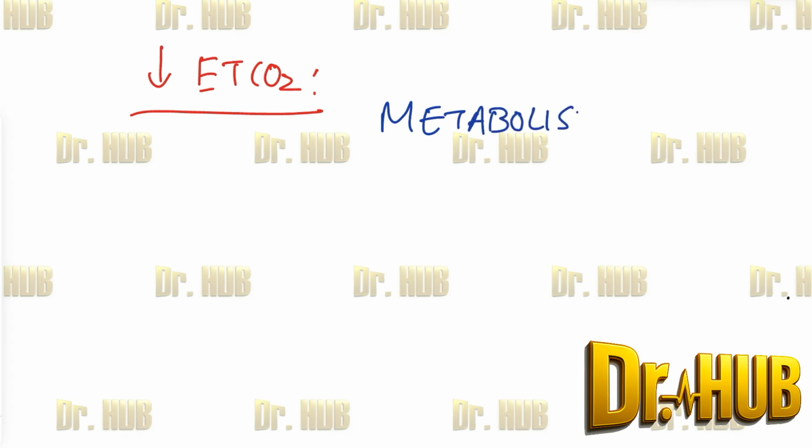Then we move on to the decrease in the ETCO2. What are the conditions where there is decrease in the ETCO2? First, talking about metabolism, there is hypothermia, whereas in case of increased ETCO2 there was hyperthermia, thyrotoxicosis, fever, pain and shivering.